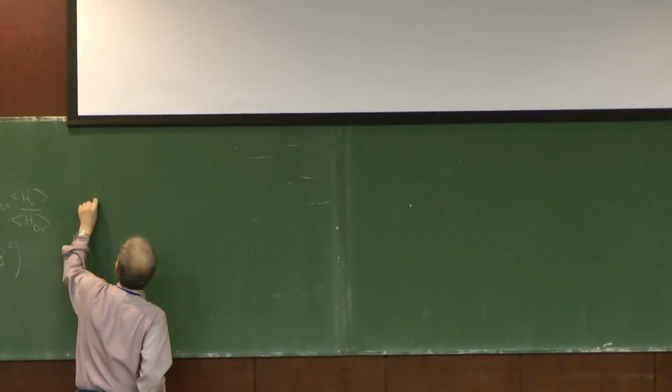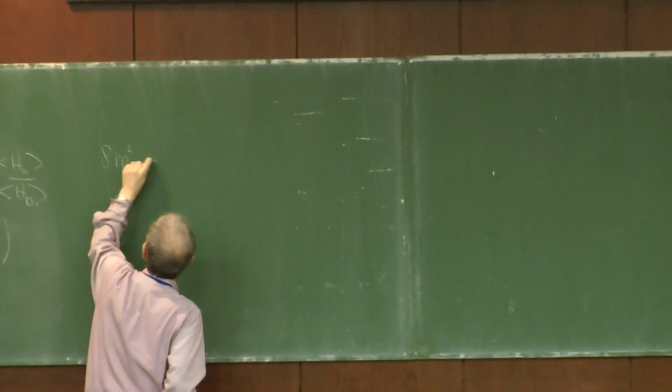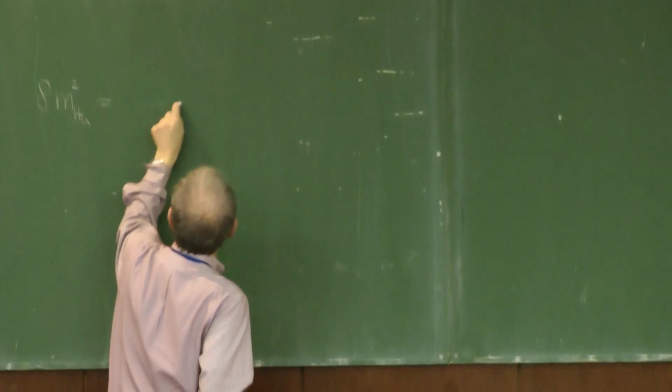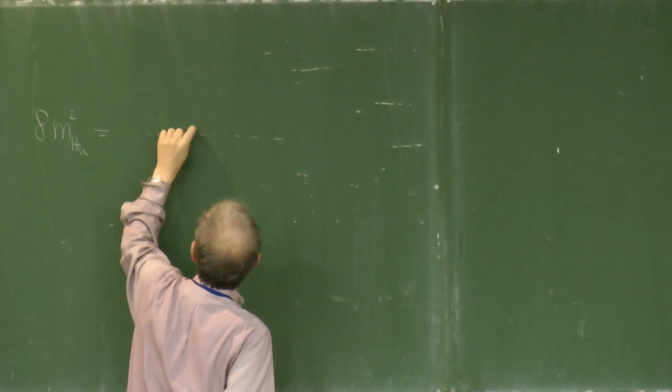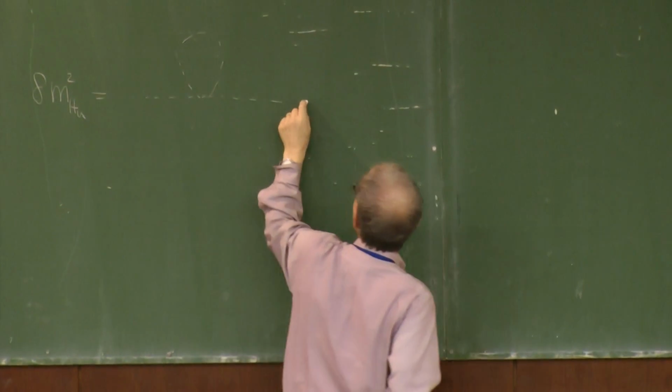If we look at the corrections to the Higgs mass itself, delta MHU squared, this is given by Feynman diagrams of exactly the type we studied almost in the beginning.